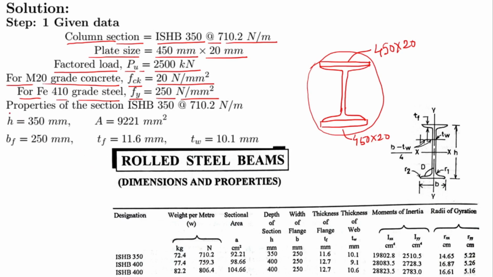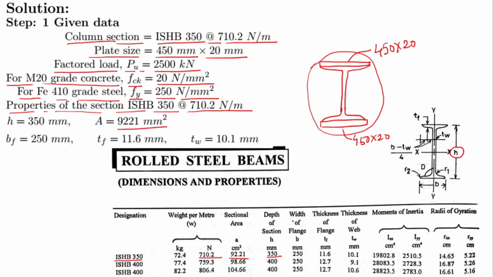Next, we shall note down the properties of the section IS HB 350 at the rate 710.2 Newton per meter from the steel table. For IS HB 350 with weight 710.2 Newton per meter, the depth of the section is 350 mm. The cross sectional area is 92.21 centimeter square or 9221 mm square.